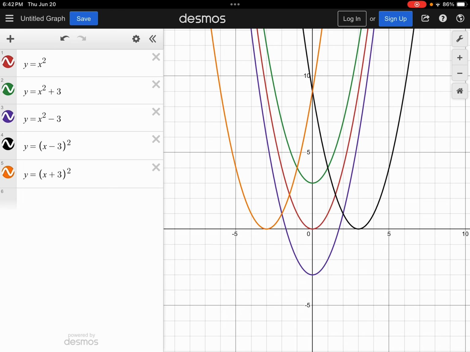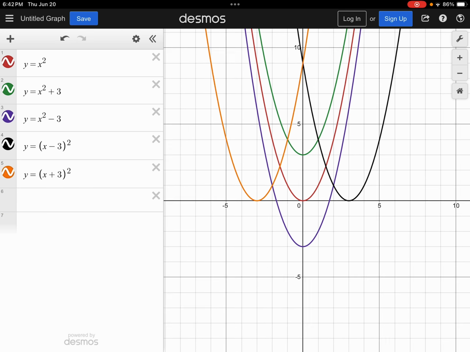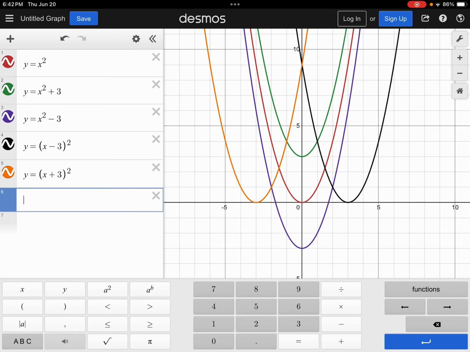Now that we have that, what's the factored form? A factored form of the original parabola, so let's say something like y equals the quantity x minus 1 multiplied by x minus 3.